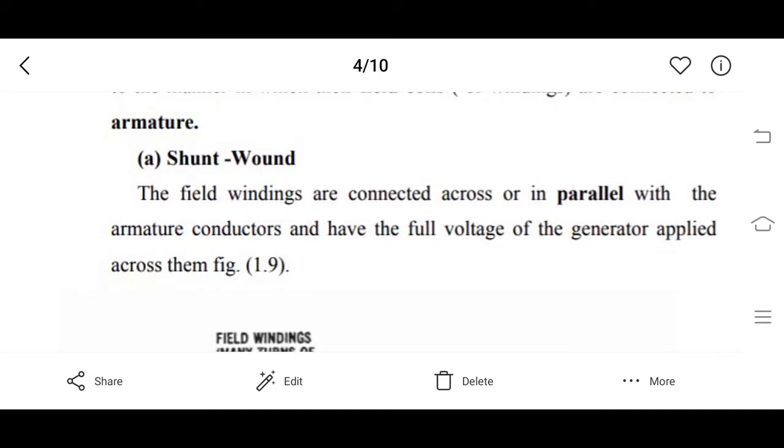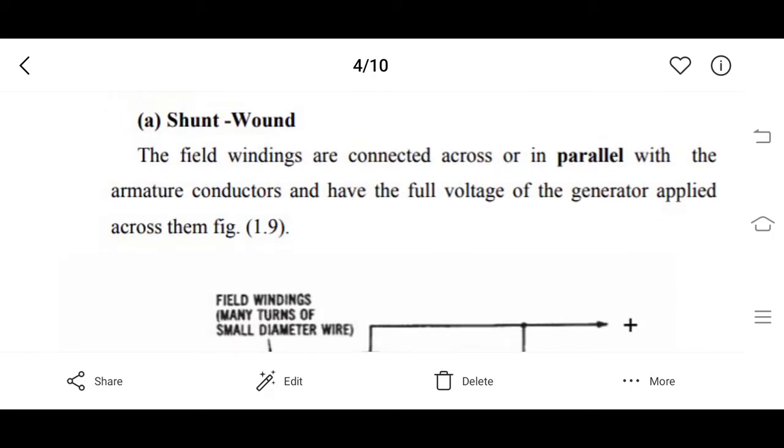Shunt wound: the field windings are connected across, or in parallel with, the armature conductors and have the full voltage of the generator applied across them.